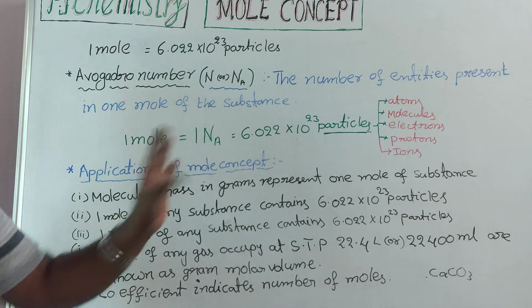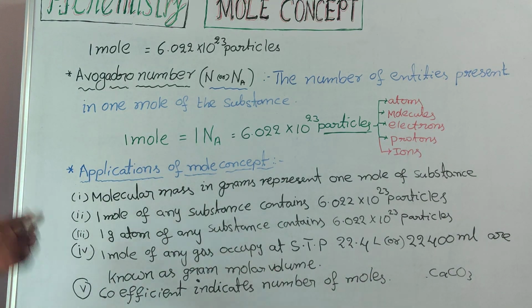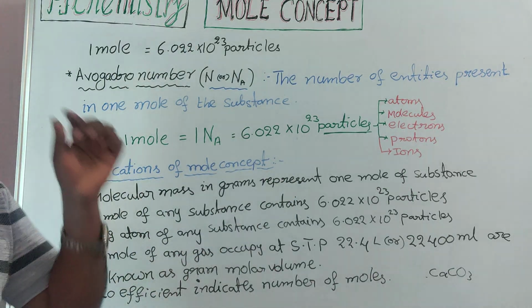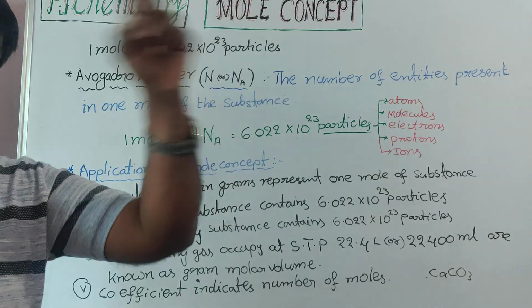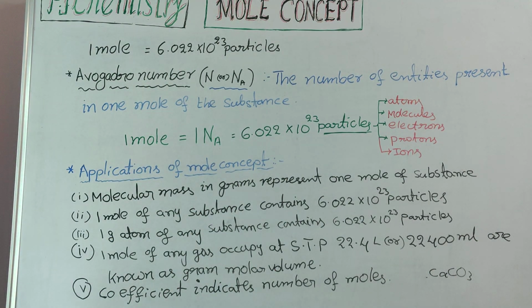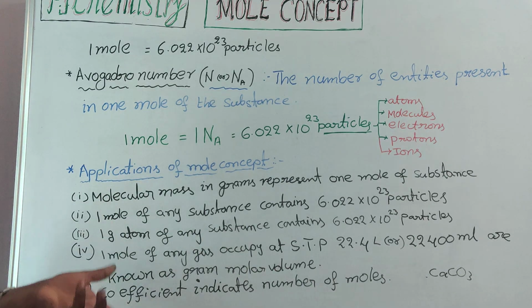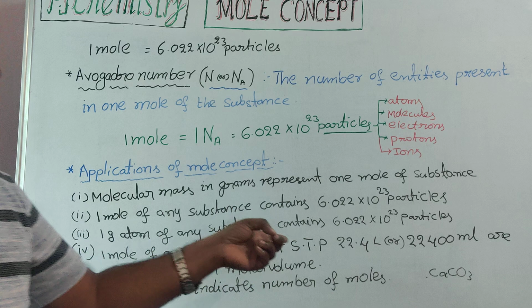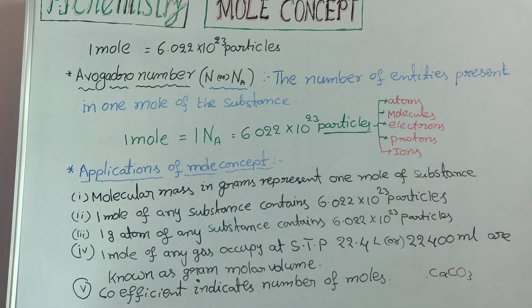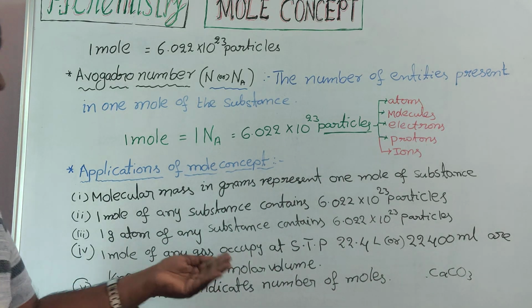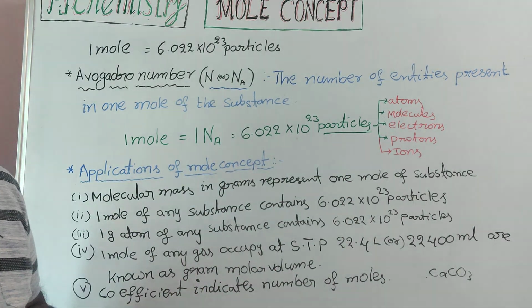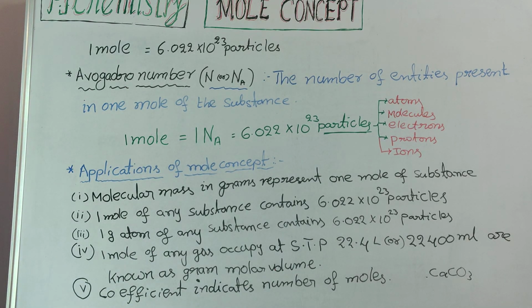Next, 1 mole of any substance contains 6.023 particles. 1 gram atom of any substance also contains that many particles. Next, for gases, 1 mole of any gas occupies 22.4 liters at STP, which we call gram molar volume. Next, the coefficient indicates the number of moles. Children, I hope you understood.